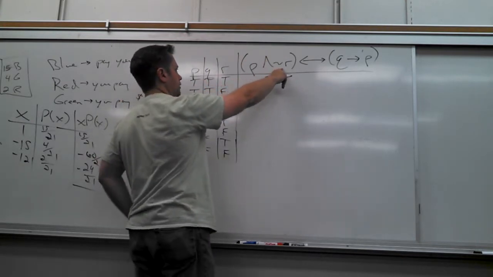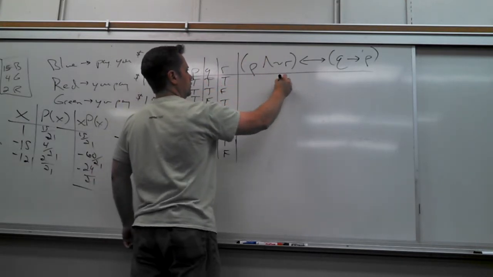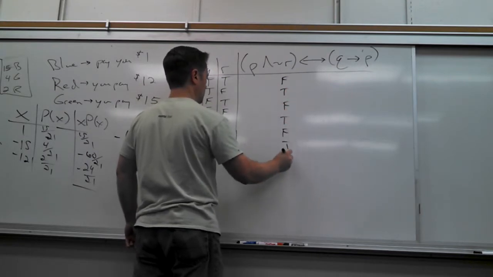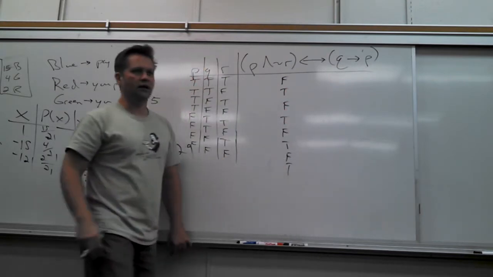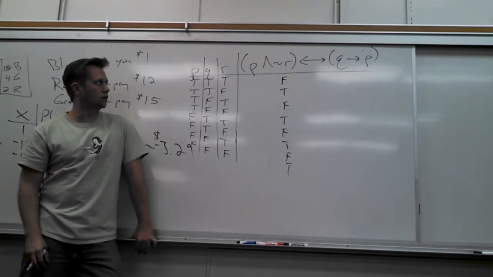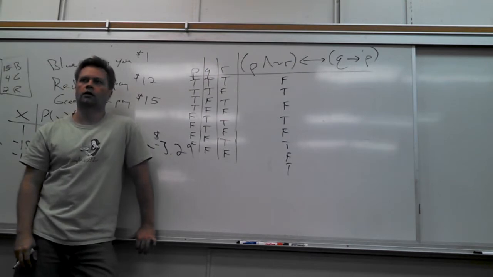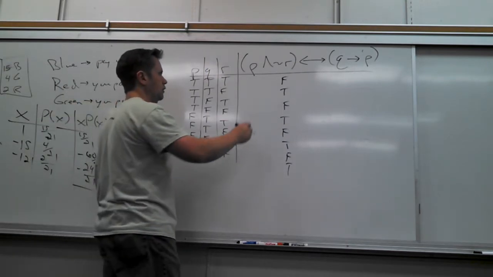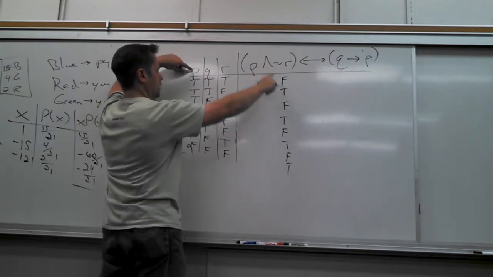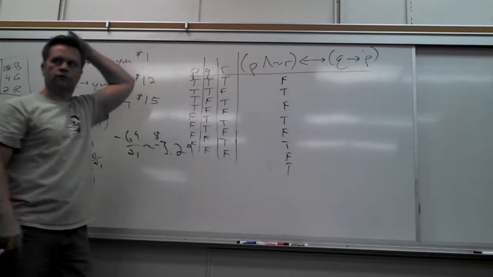So what would not R be? False, true, false, true, false, true, false. I just want to tape that and just say this is what my class is like. False, true, false. Something like, is it so false? No. And then so P and this. And is only true when what?